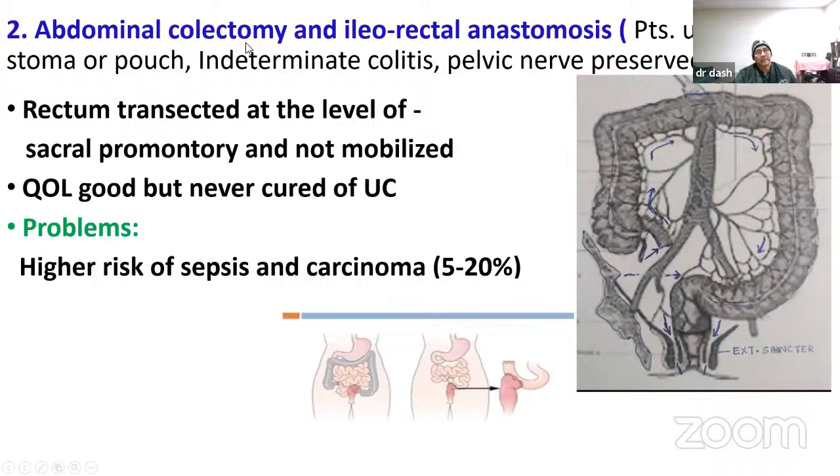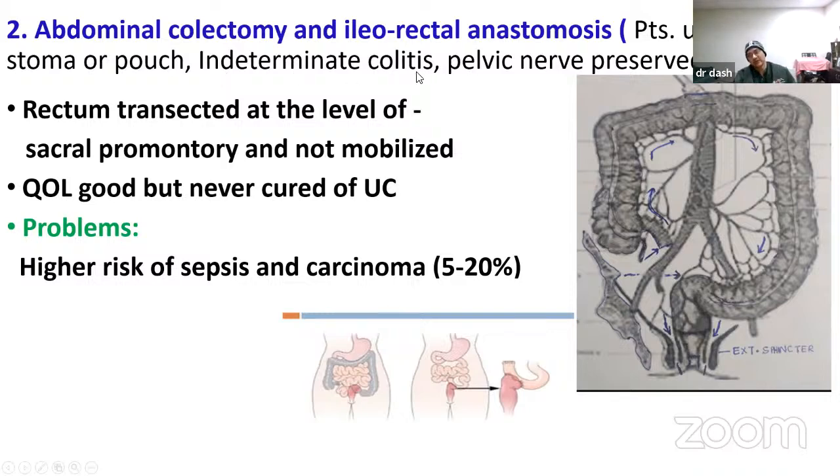Now, the abdominal colectomy and ileorectal anastomosis can be done in a single stage in a quiescent phase of the ulcerative colitis period. This is done in patients who are unwilling for stoma or pouch, mostly elderly people, and having severe osteoarthritis, bony problems, and the persons who are having indeterminate colitis.